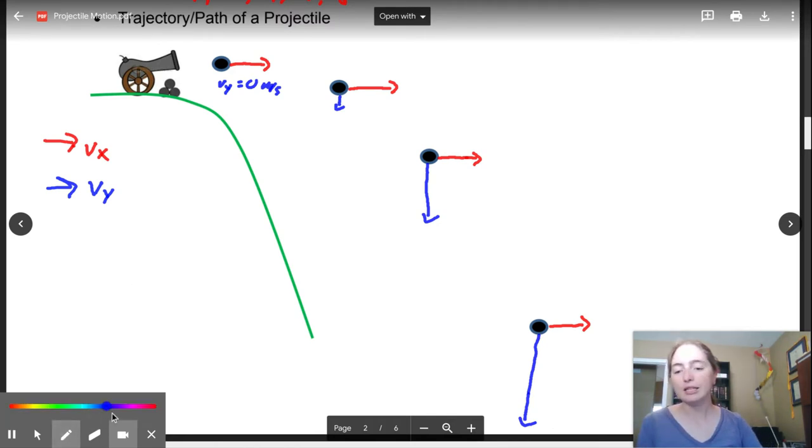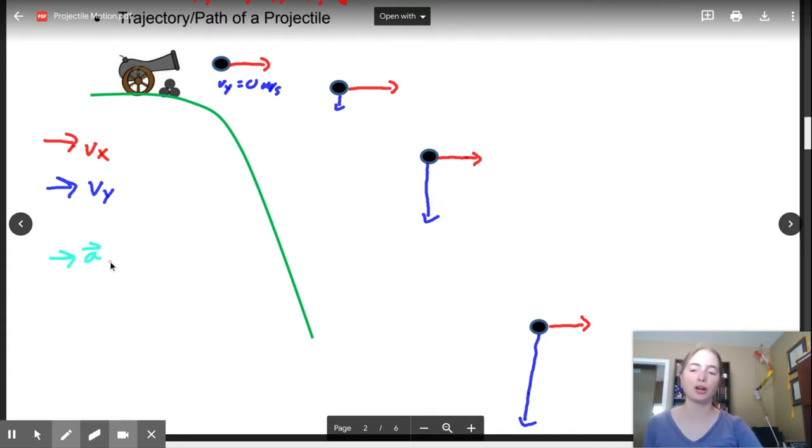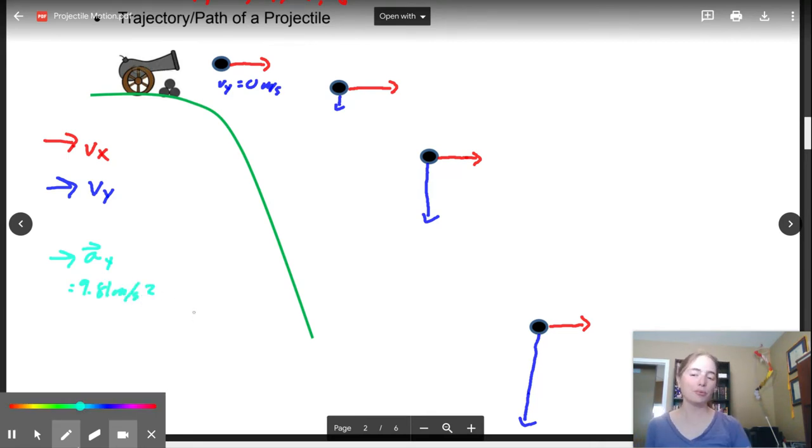Well, let's pretend I'm going to have this pale blue here. This is going to be my acceleration on the y. Now, what is acceleration in this case? Gravity. So it's 9.81 meters per second squared, and it's going down.